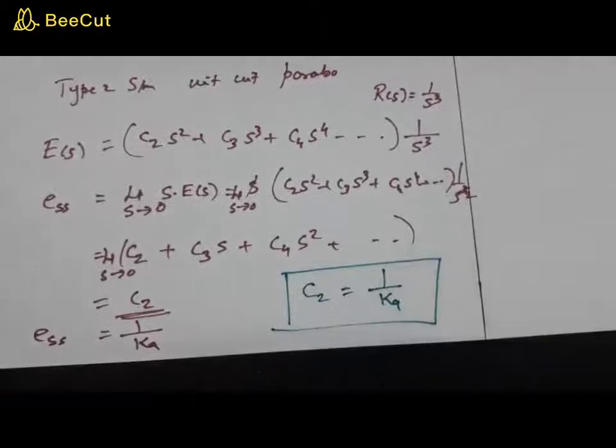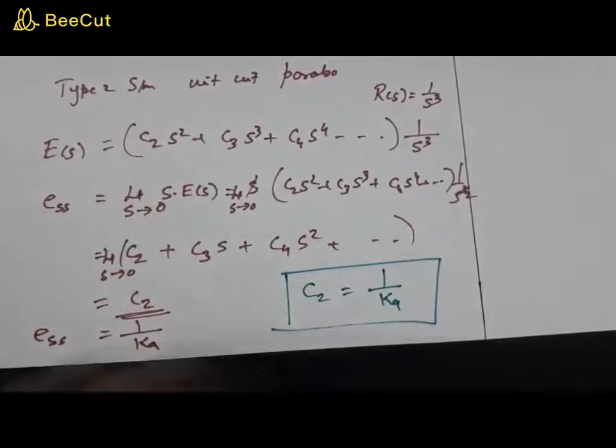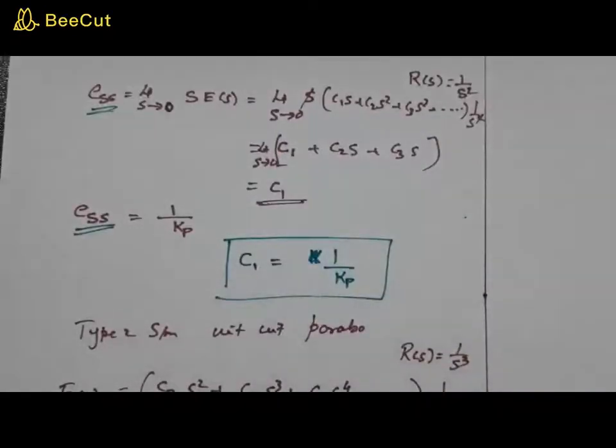So if you're asked to find out the relationship between dynamic and static error coefficient, this is the way it should be done, because in static error coefficient we have only 3: positional, velocity and acceleration, related to unit step, unit ramp and unit parabola.